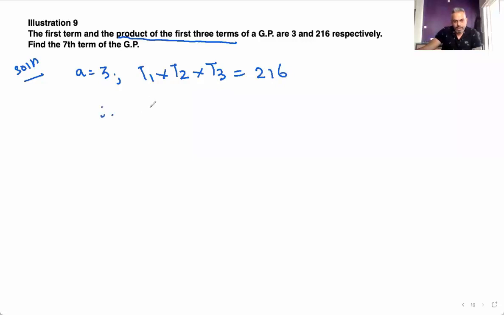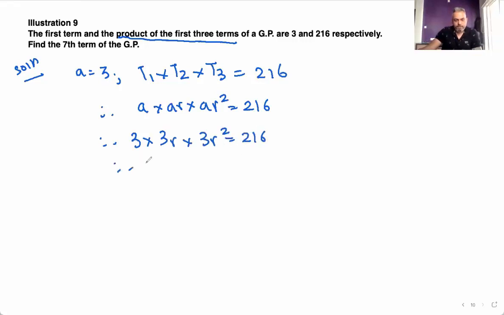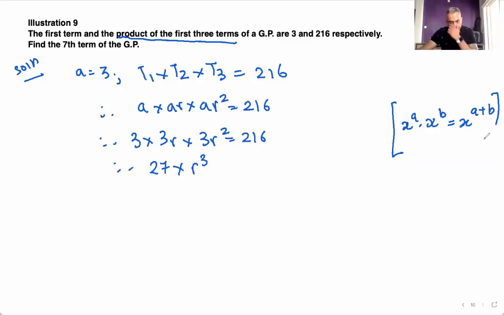Therefore, A into AR into AR square is 216. A is 3, so 3 into 3R into 3R square is 216. Therefore, 3 into 3 is 27 into R cube. This is the formula: x raised to a into x raised to b is x raised to a plus b.